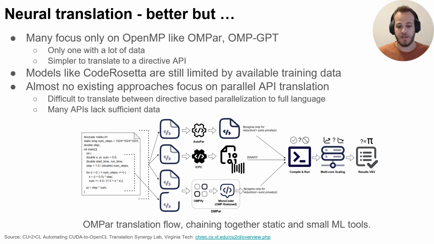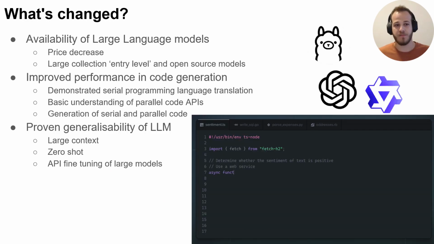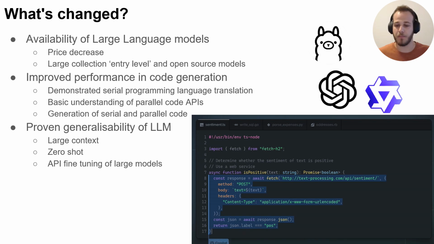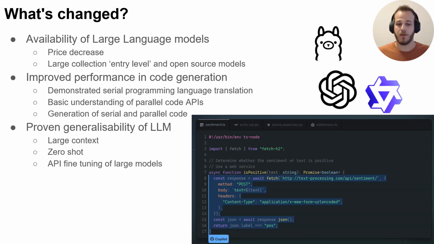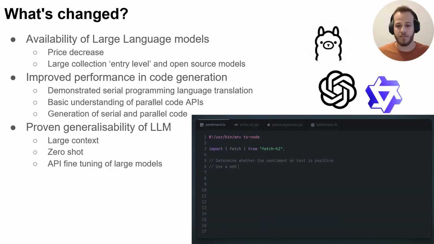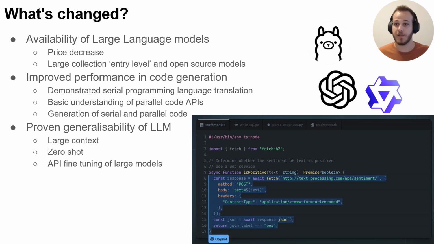So in recent months, we've seen a huge decrease in the prices of online APIs for large language models, and also in the availability of open language models that are free to use, that have all demonstrated good performance with code, and some even with parallel code. And the reason that all these LLMs became popular in recent times is because of their promise for generalizability.